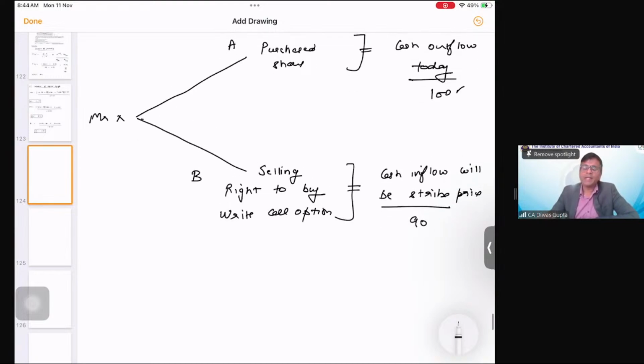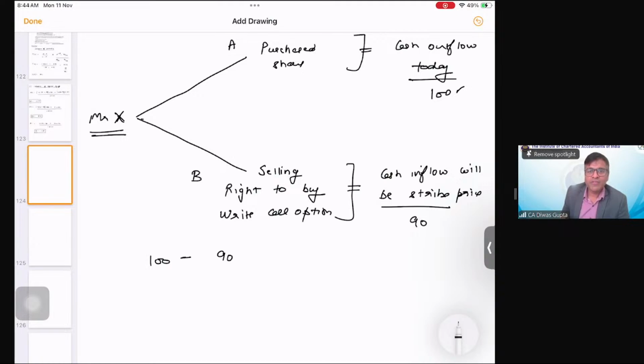Ultimately, if you're writing a call option, you understand it from the point of view of Mr. X, right? If you are Mr. X and you have these two things, what premium will you charge? You will say that whatever is my outflow and whatever will be my inflow, that's what I am going to charge as premium. Now here 100 rupees is my outflow minus 90 rupees is going to be my inflow.